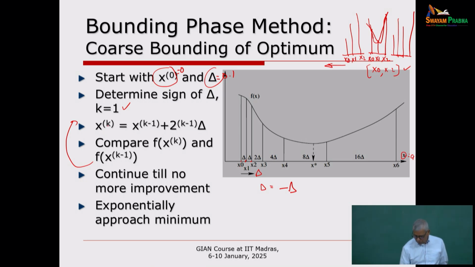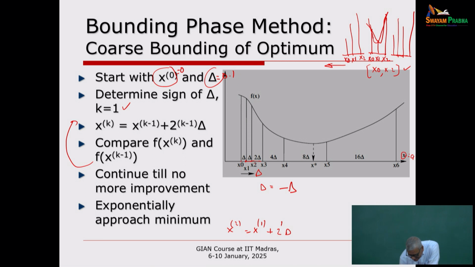When k equal to 2, you get x2 equal to x1 plus 2 to the 1 times delta. So from x1 I am going to go 2 delta. Here there is a little mistake, I am going from x2 but it should have been from x1.